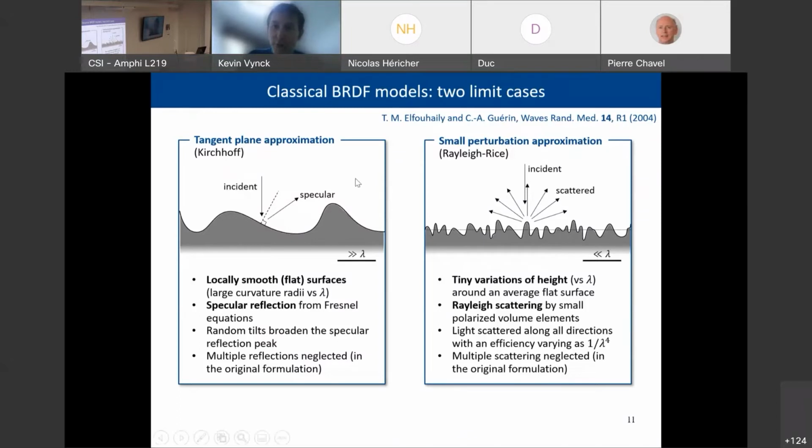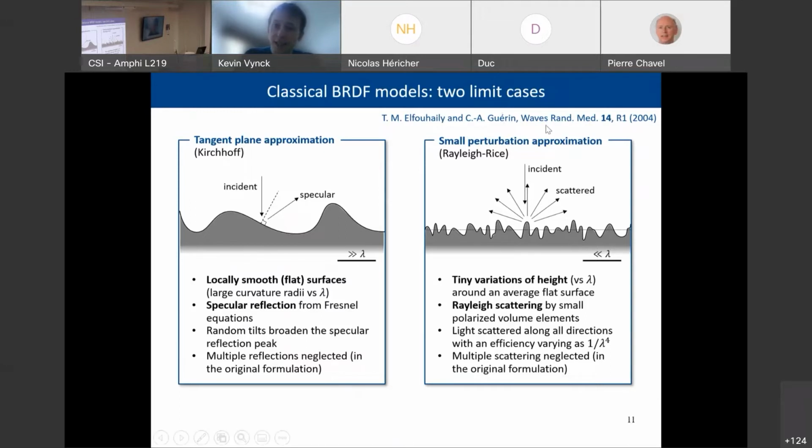Actually, in the previous talk, we've seen the scattering of light by very small particles. This is called Rayleigh scattering. And here, this is the same process, except that this is for a surface.